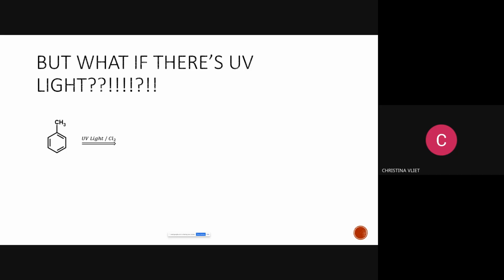The methyl group. So basically, UV light is your cue that you have a free radical substitution, which means that the halogen is actually going to react with the side chain, not the benzene.